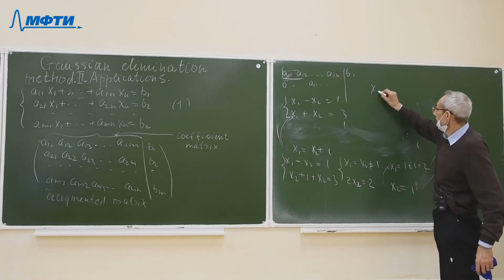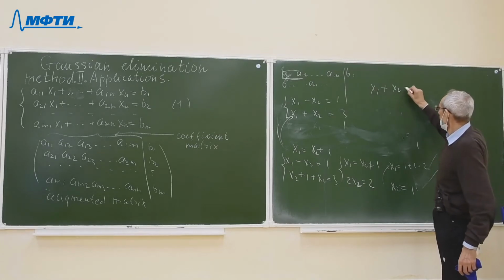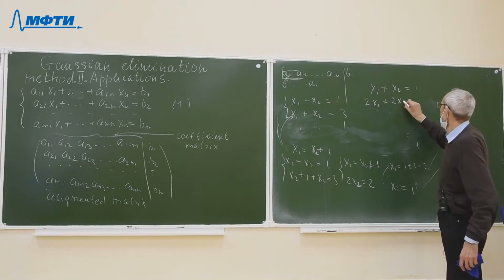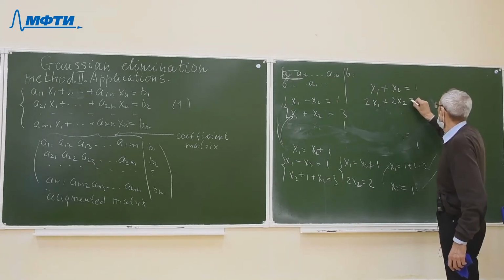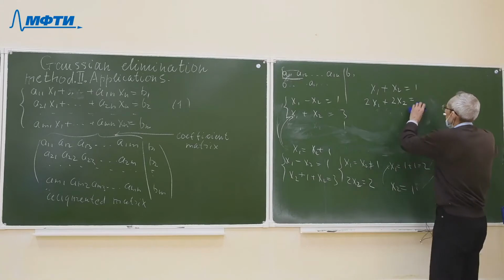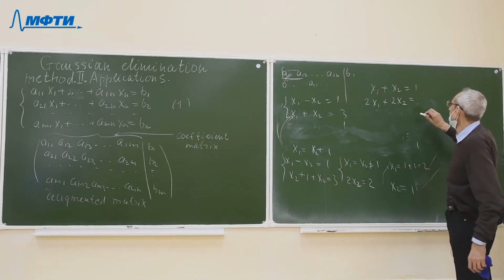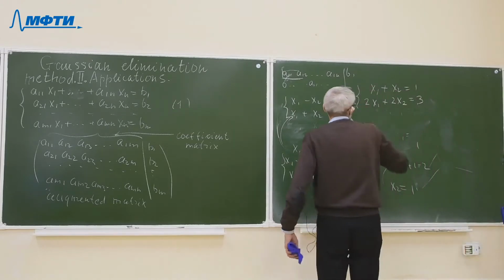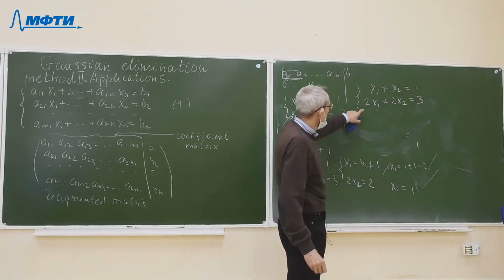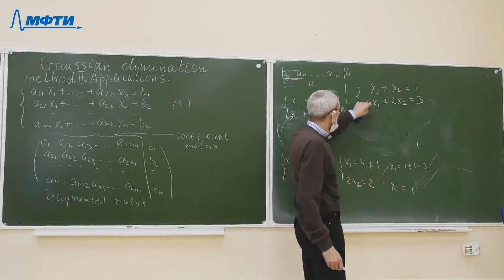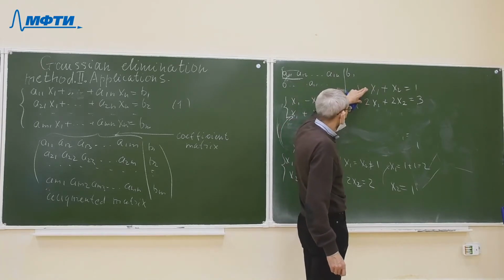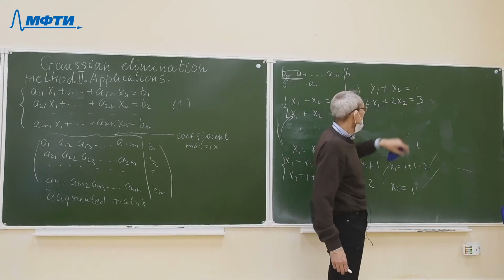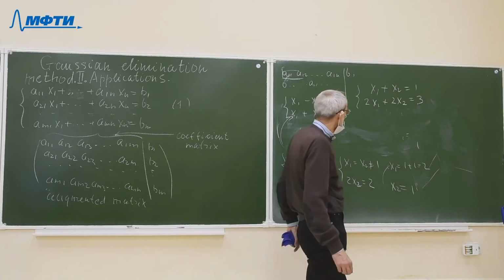For example, it is easy to see that we have a proportional left side and a non-proportional right side.